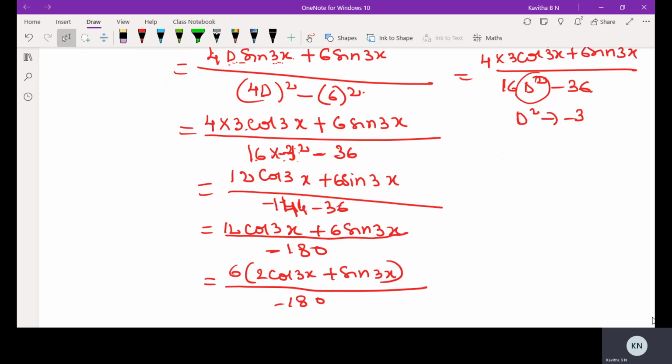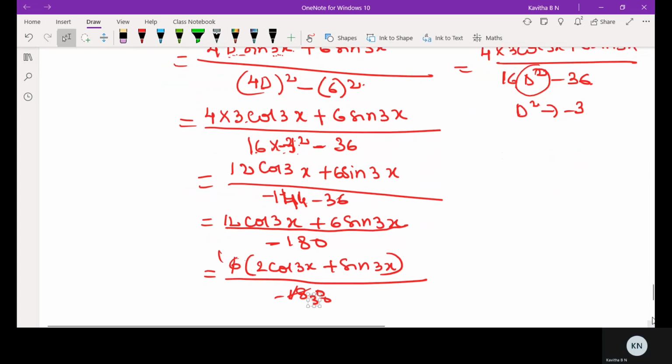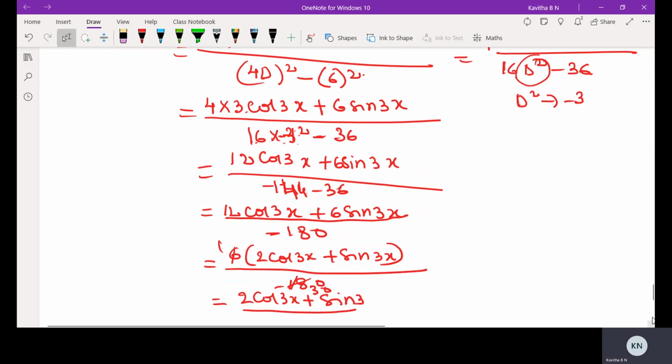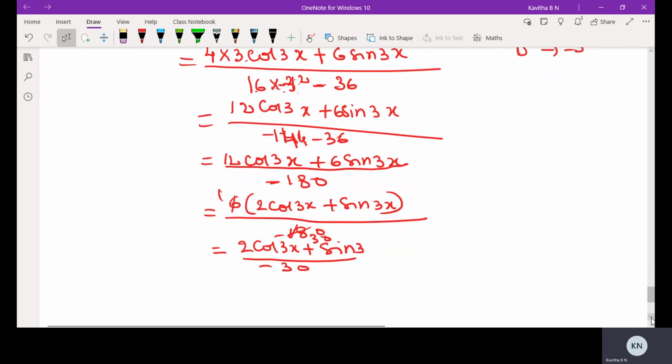Then simplify: 6 thirties are 180, so (2 cos 3x + sin 3x) whole divided by -30. So yp = (2 cos 3x + sin 3x) divided by -30.